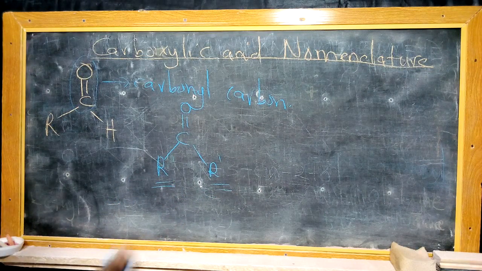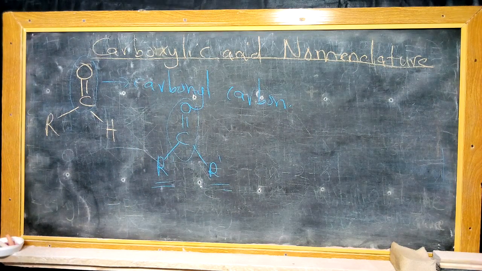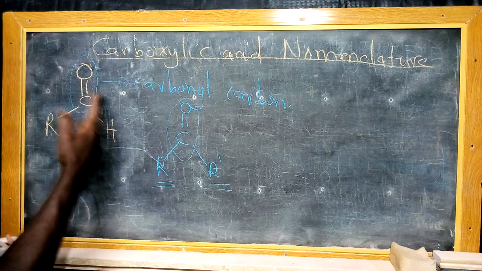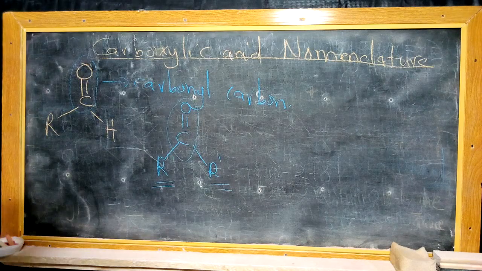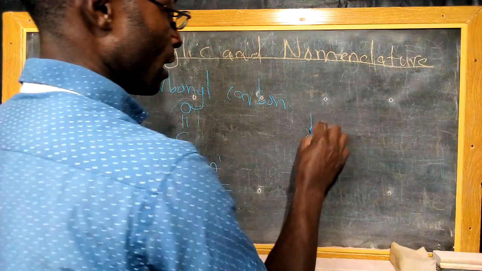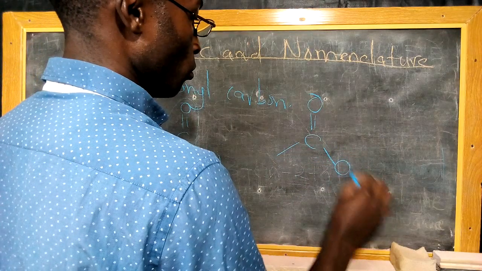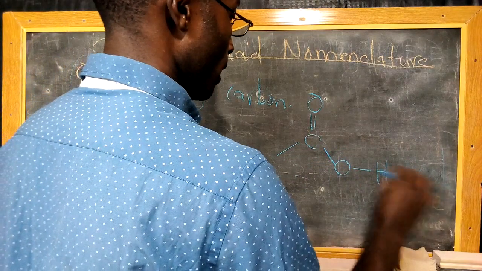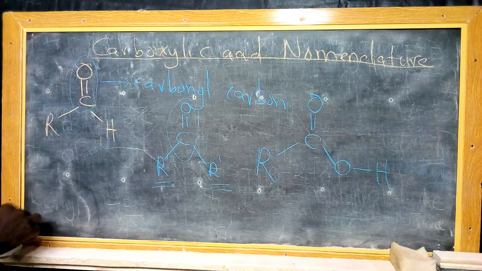So in that case, you see still that a carbonyl group appears in that particular section, the same way in which it appears in aldehydes. Now for carboxylic acid, its functional group also has got a carbonyl group which is attached to those specific groups like that.